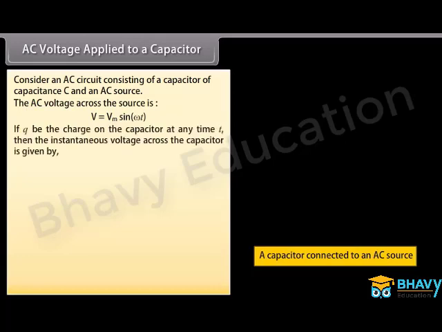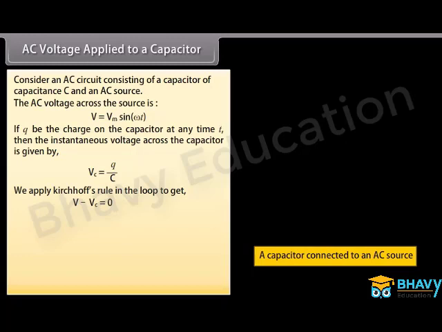If Q is the charge on the capacitor at any time t, then the instantaneous voltage across the capacitor is given by Vc = Q/C. We apply Kirchhoff's rule in the loop to get V - Vc = 0.